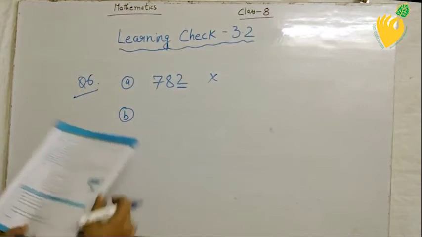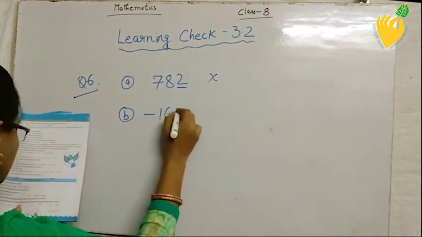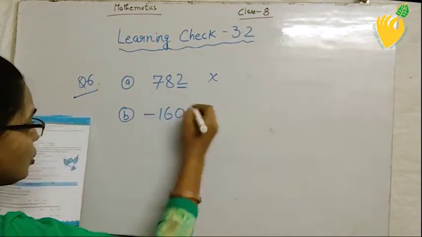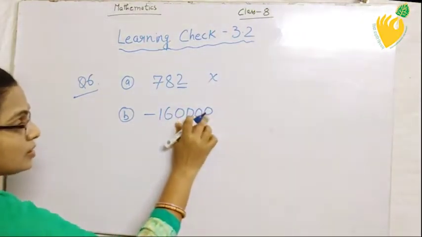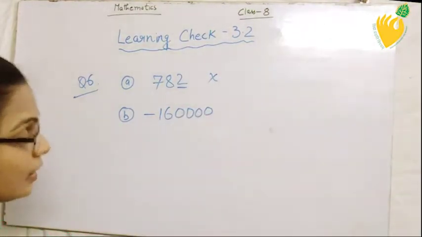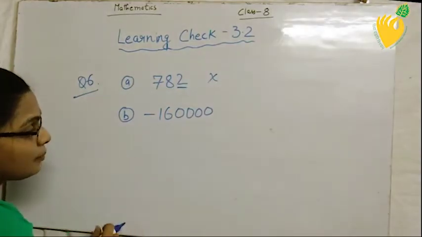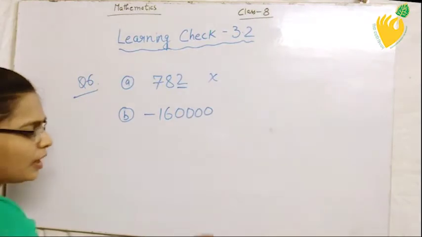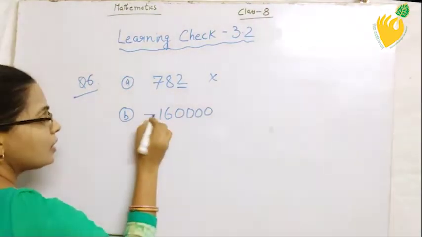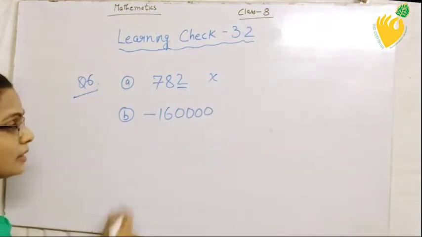B part is, students, minus 160000. The property is, the number of zeros ending in the square of any number must be even, and it must be the square of a number, but here a minus sign is there.